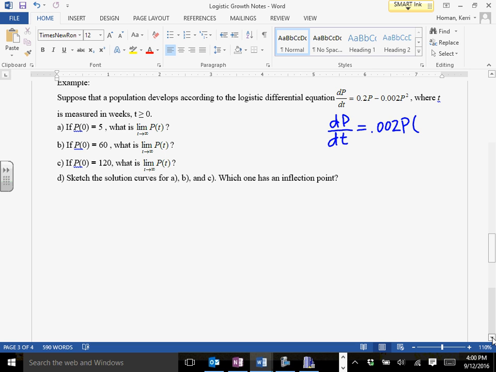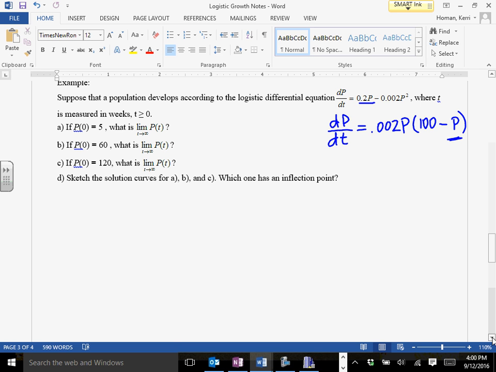Okay, that way we are left with, when we divide 2 1/1000ths out of 2 tenths, we are left with 100 minus, when we factor 2 1/1000ths P out of 2 1/1000ths P squared, we're left with P. That was the goal.